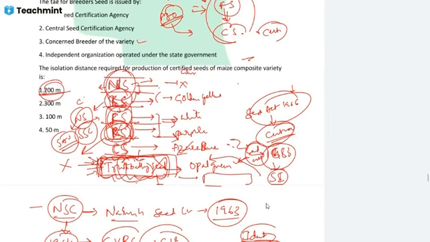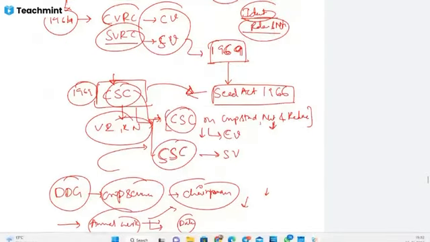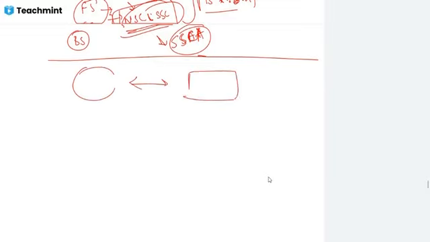This is also a most important part to be read in seed technology for JRF, where you should remember the isolation distance for foundation and certified seed. I hope you all understand what isolation distance is. Isolation distance is the minimum distance that should be maintained between adjacent fields for different crops.